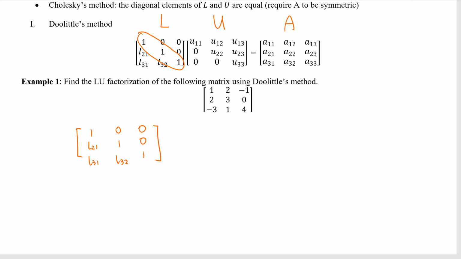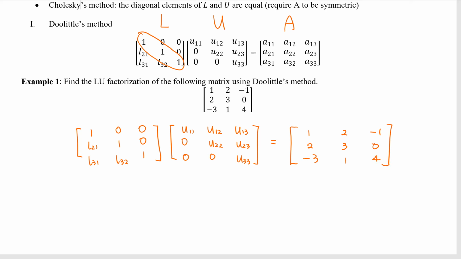And then U is the upper triangular, so this is U11, U12, U13, because it's in the first row, right? This is U22, this is U23, this is U33. And that equals our matrix A. So 1, 2, minus 1, 2, 3, 0, minus 3, 1, and 4.